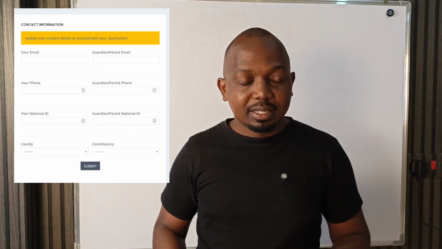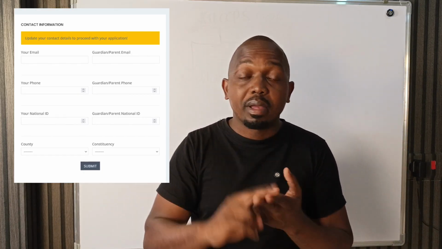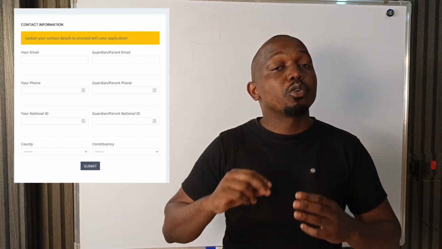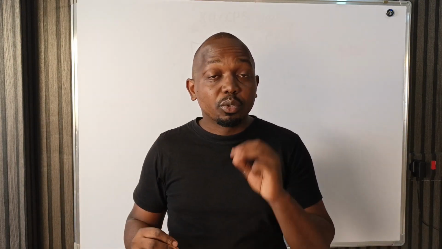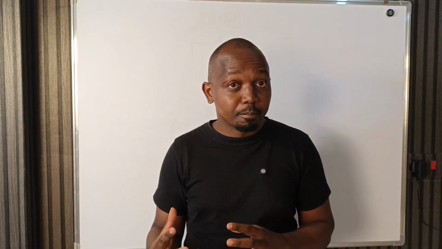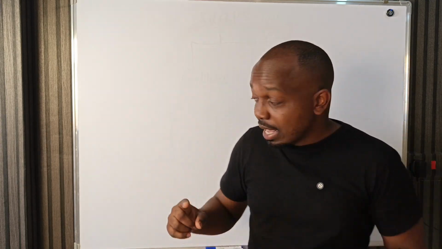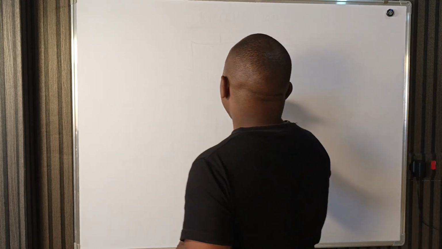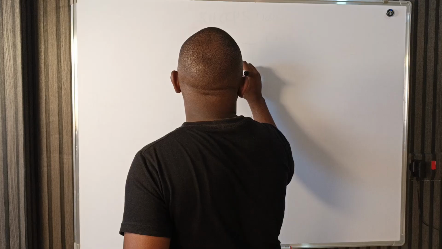Now this means your phone number, your parent's or guardian's phone number, your ID number if you have one, or your parent's or guardian's ID number. These are some of the important details that you have to fill in, so you need to fill them in correctly.